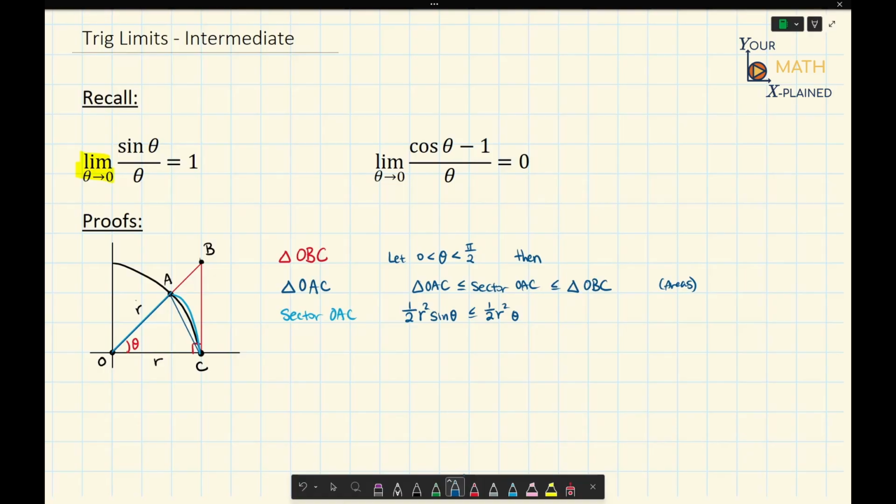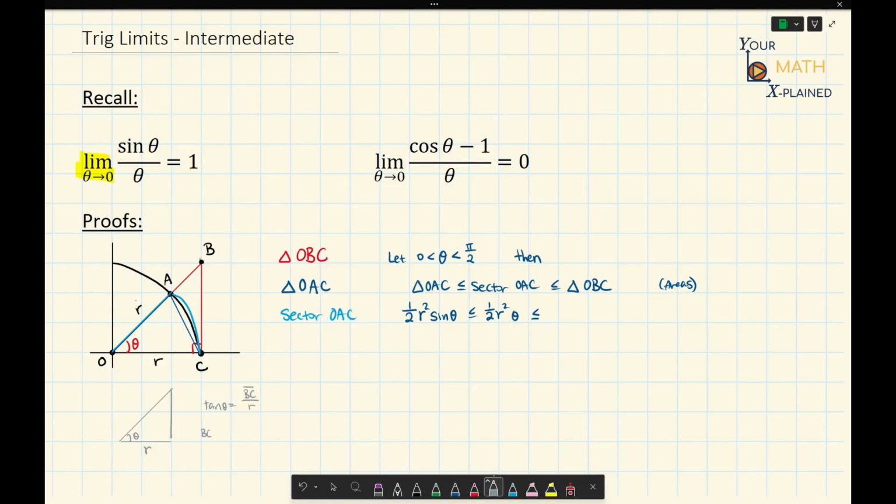You can find that by using the area of a circle multiplied by the proportion of the sector to the whole circle. And then finally, for triangle OBC, we can see that our base here is r, but we need to find the height, which is BC. Now let's draw a smaller diagram here. Our triangle OBC has an angle theta right here, and the base is r, which tells us that tan theta is equal to the segment BC over r.